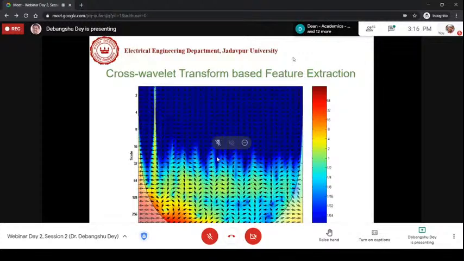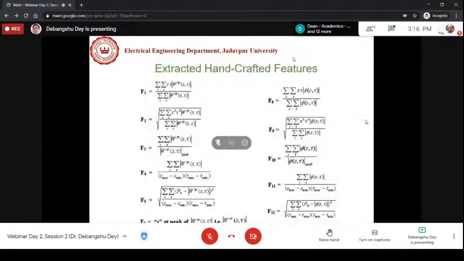Now from this waveform, we take these statistical features and name them F1 to F12. There is no guarantee that only these features will do in all problems. That depends on the understanding and experience of the system engineer or the researcher, who can judge which features to take.